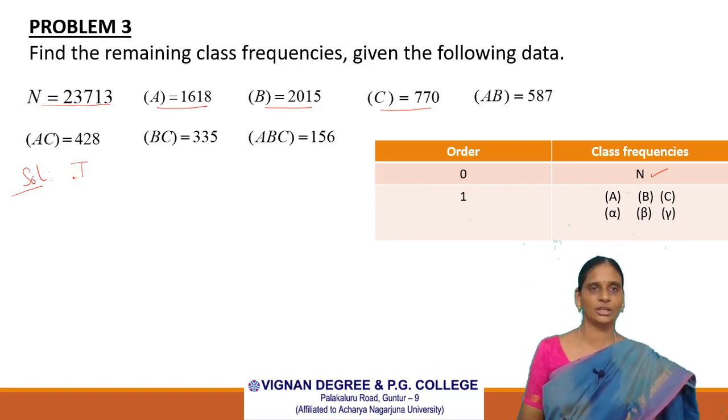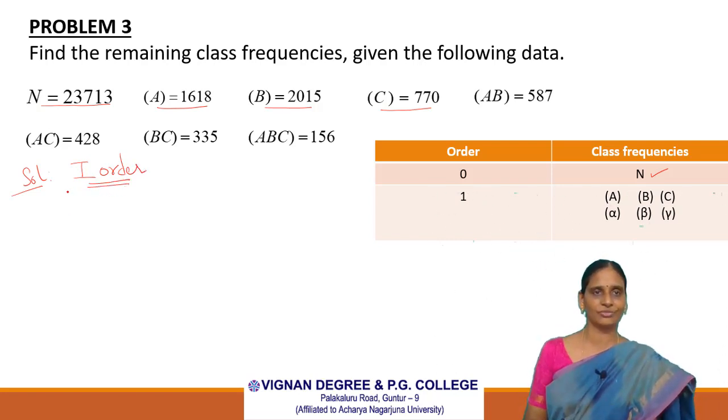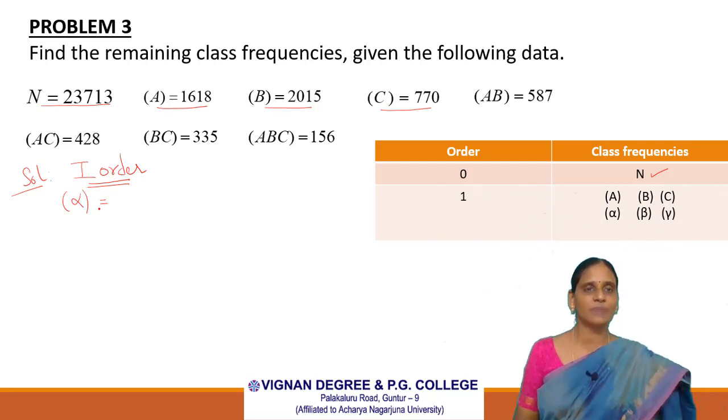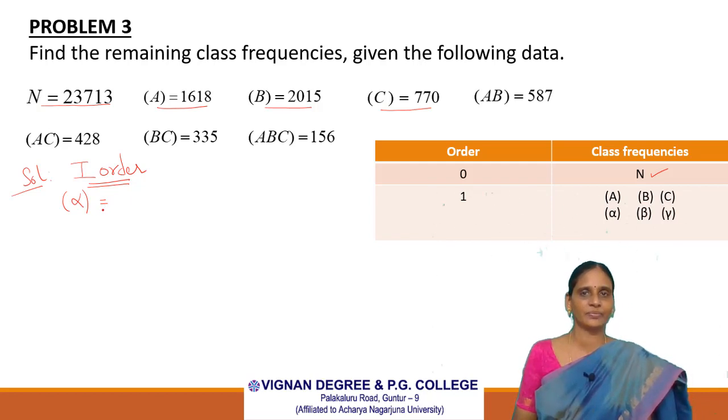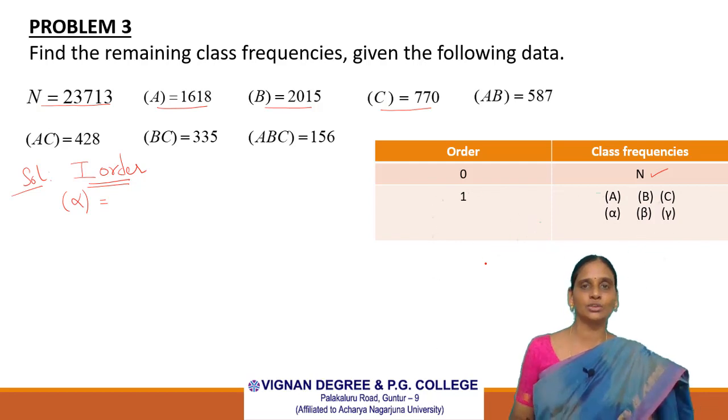So in the first order we have to find out the remaining class frequencies. So those are frequency of alpha. This value can be obtained by, so we know that sum of the 2 complementary attributes, that means frequency of A plus frequency of alpha value is equal to capital N. So in this problem we are given N value and frequency of A value.